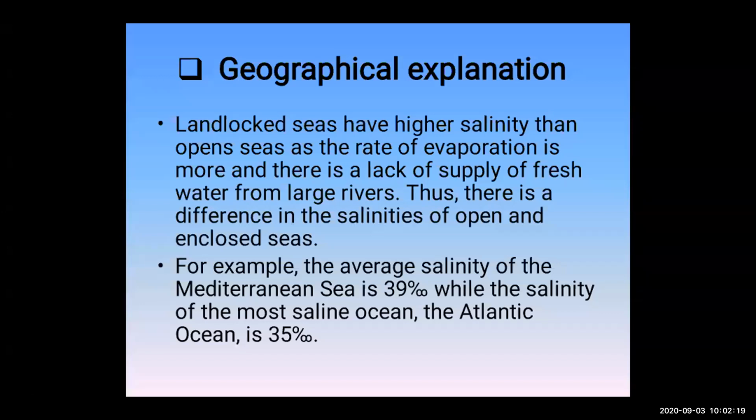In the world, the more saline water can be seen in the Atlantic Ocean, and their salinity is more over there. And the Mediterranean Sea, it is a landlocked sea and it has 39 per thousand parts of salinity.